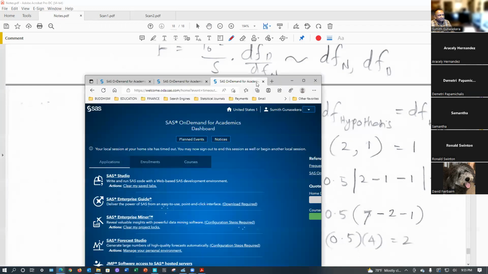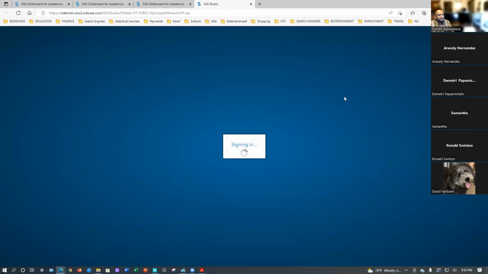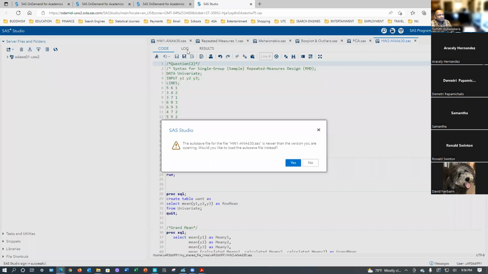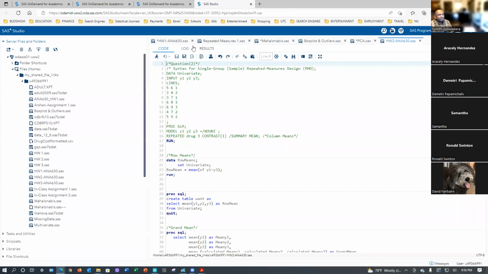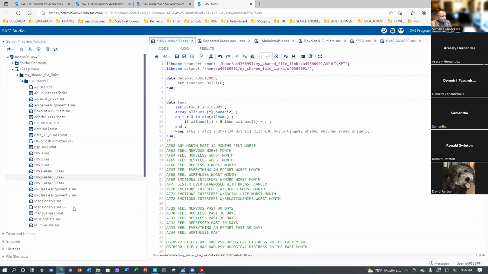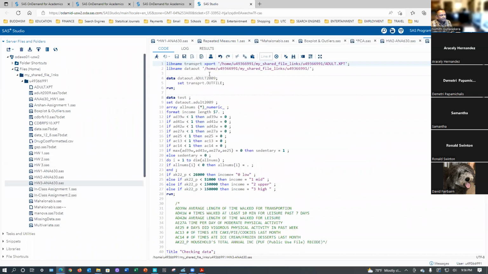This relates to an example. Okay, let's look at this. This homework we can do tomorrow.